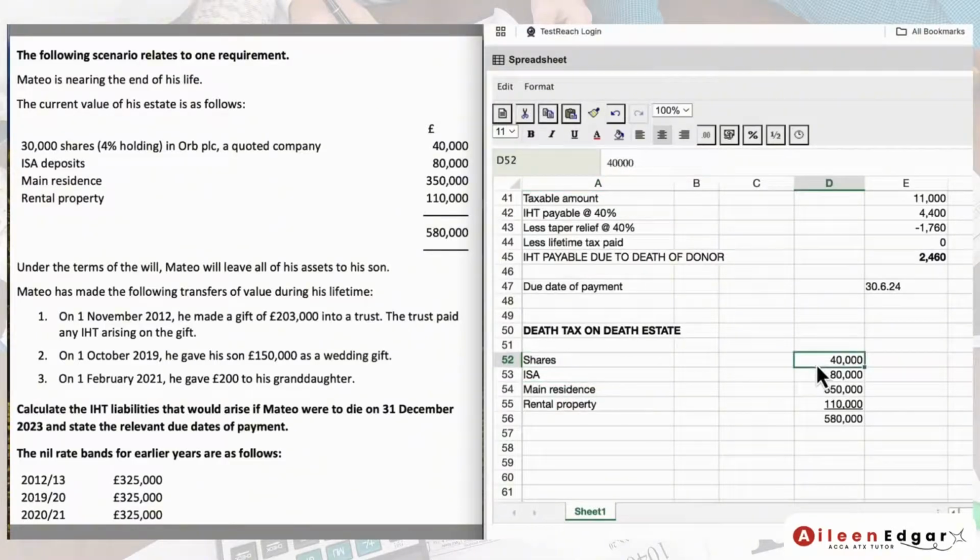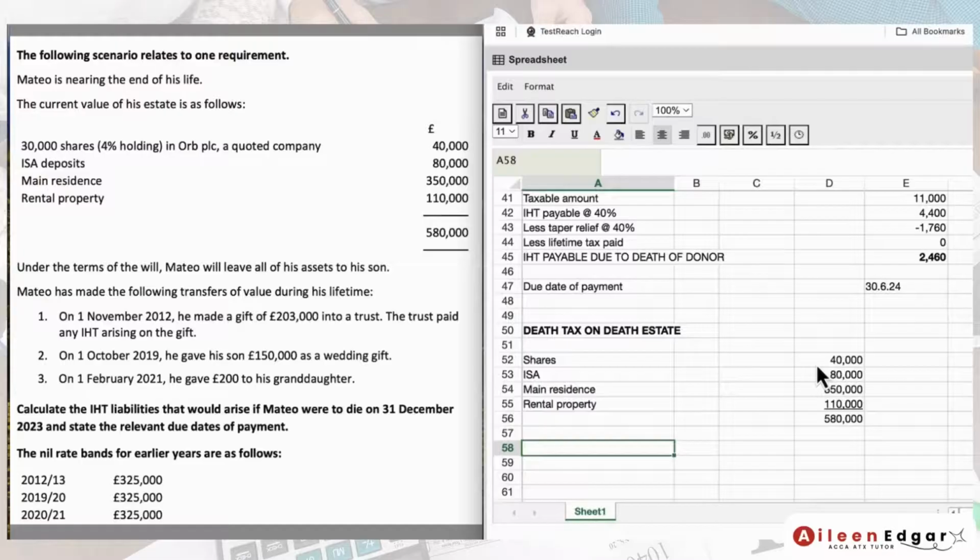So the shares, there's no BPR that's going to apply to those. The ISA, yep, they're taxable. They're not for income tax or CGT purposes, but they are for inheritance tax purposes. Now, the main residence is one we're going to come to and see if we can do anything with. The rental property, nope, there's nothing we can do with that one.